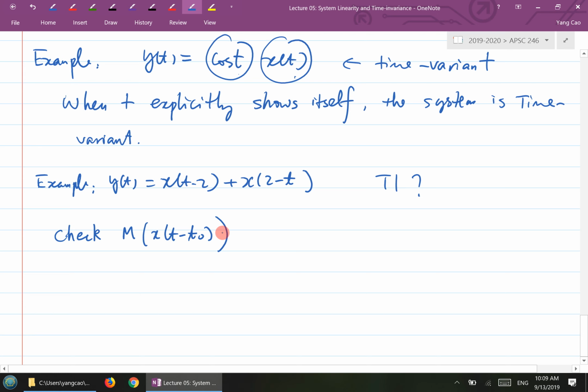So I'll use my supplemental variable, introducing a supplemental variable here temporarily. We're going to let xd equal to this new input, x of t minus t naught.